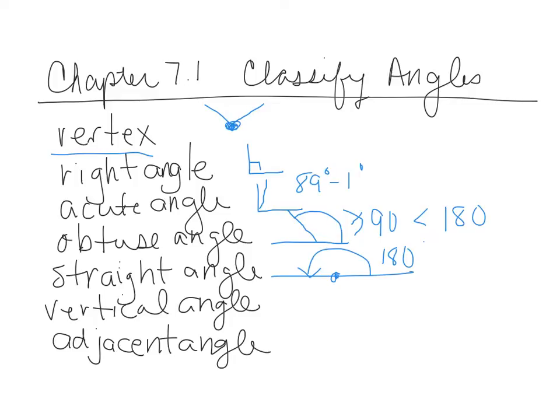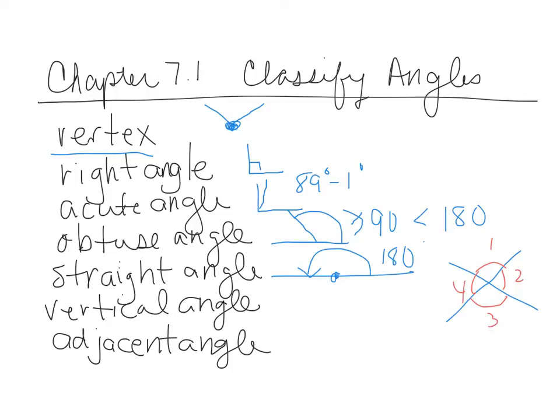And vertical angles here would be when you have two straight lines that are crossing, and it makes 4 angles. So we have angles on top and bottom, and we have side-to-side angles, and we're going to call them 1, 2, 3, 4.